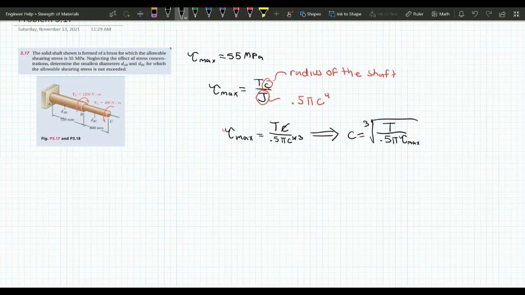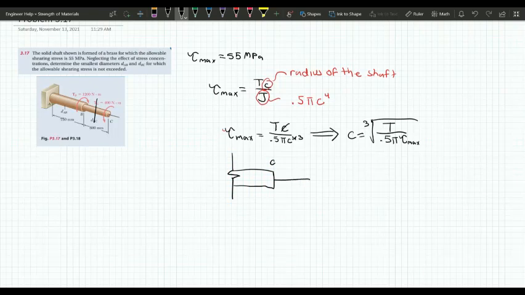So we need to find the torque that is acting on shaft BC. So let's go ahead and make a cut right over here. So I have this rod. This is C. I have a cut over here. So I have torque going this way.